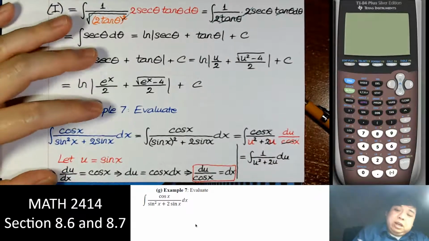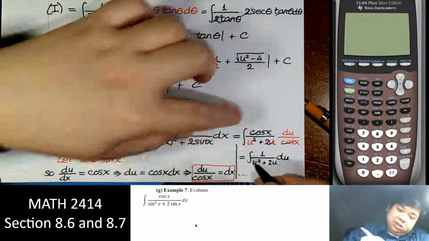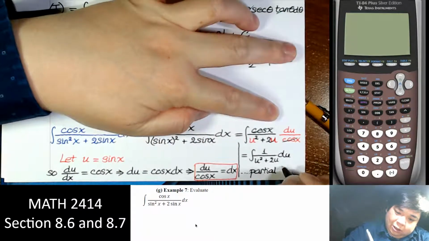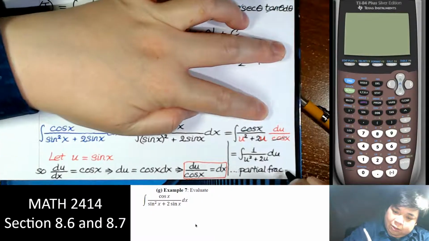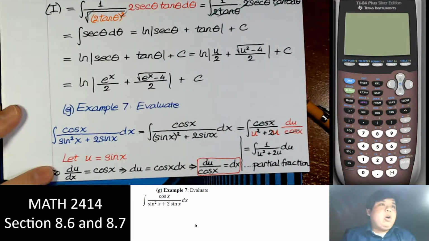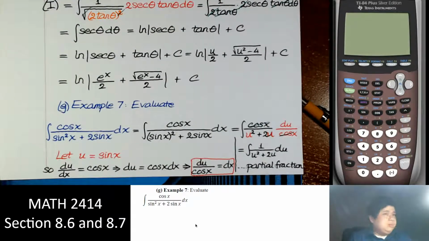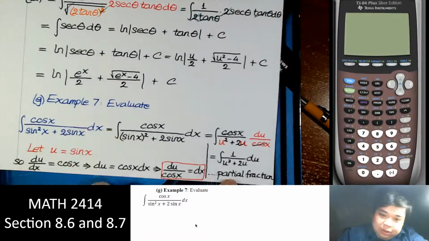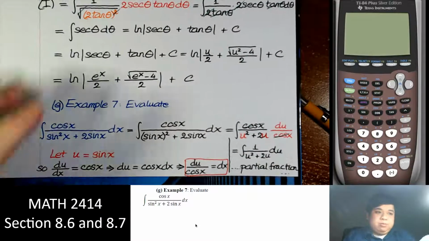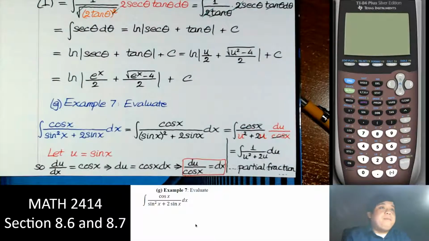Actually, after that it will be easy. Partial fraction. So we use partial fraction after that. Right. We're not finishing the problem. We're just going to say it like that.